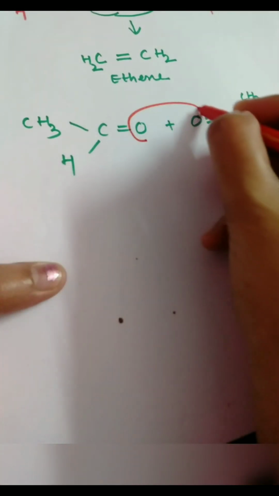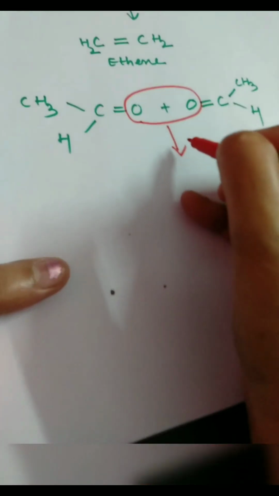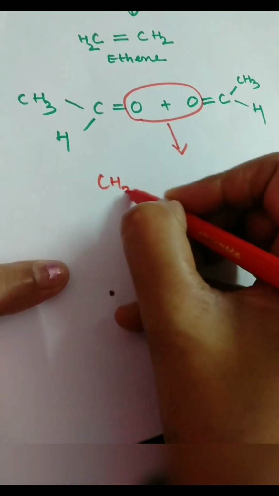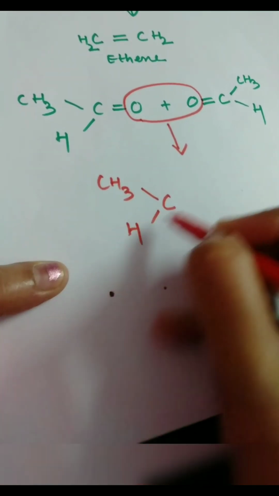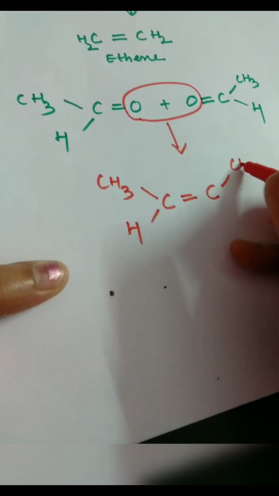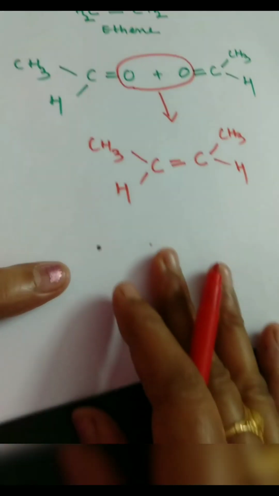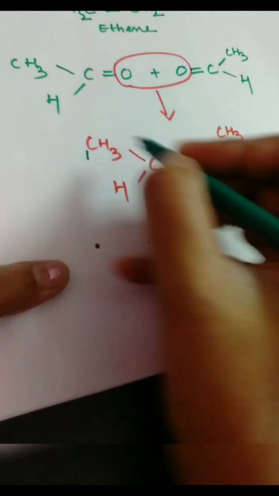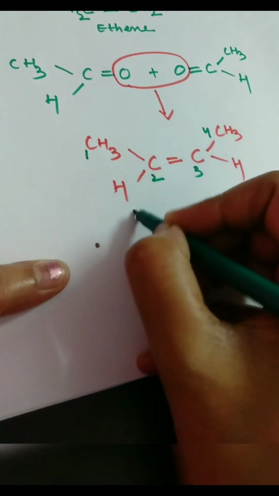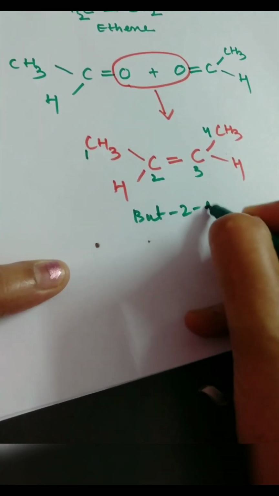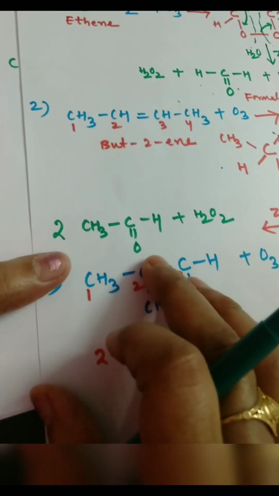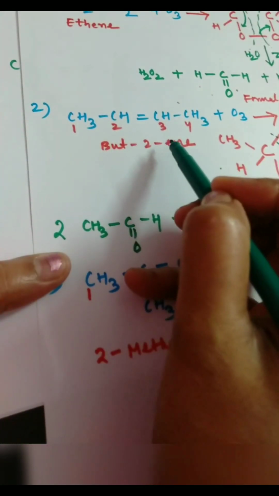Again you remove the O and join by double bond: CH3 CH double bond CH CH3. Now what is the name of this compound? See here, 1 2 3 4, so it is but-2-ene. If you take two molecules of acetaldehyde, the alkene is but-2-ene.